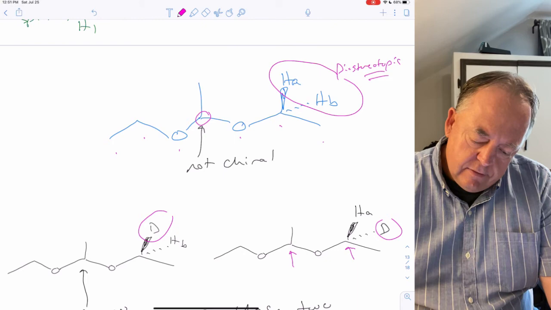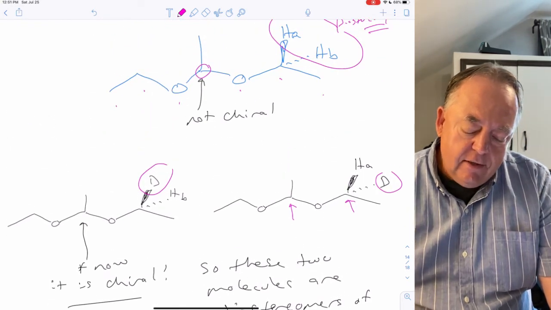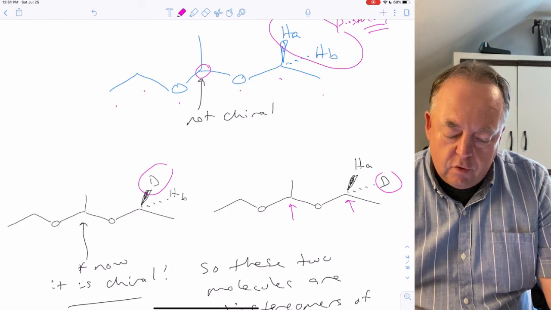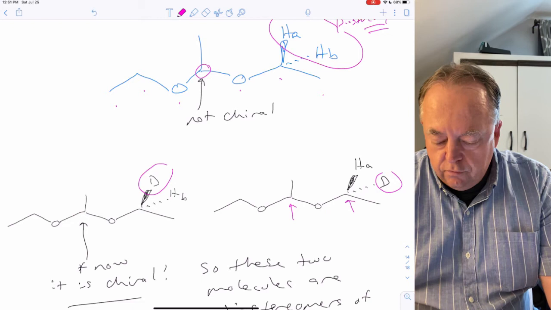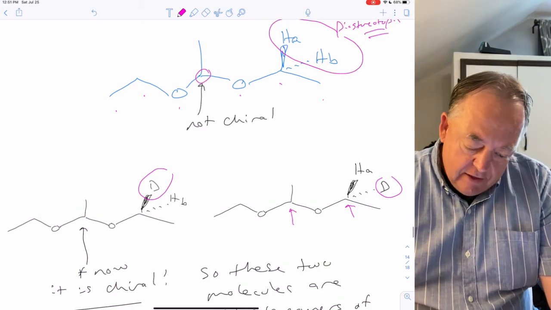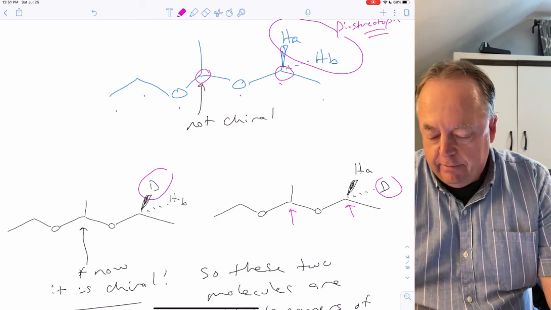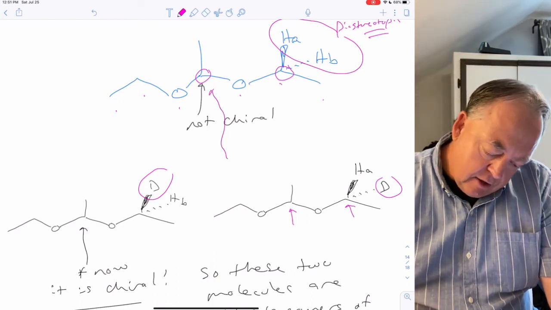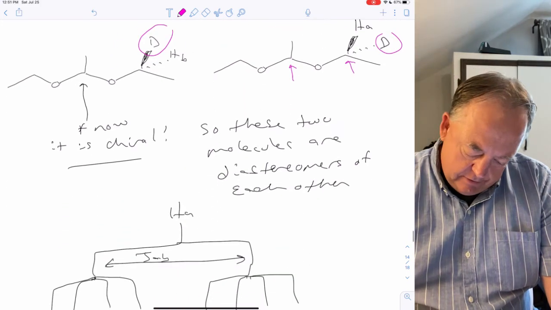Right, so the point is, if replacing one of two hydrogens creates a chiral carbon on the carbon where HA and HB are, and it creates another chiral carbon in the process, then those two hydrogens are going to be diastereotopic.